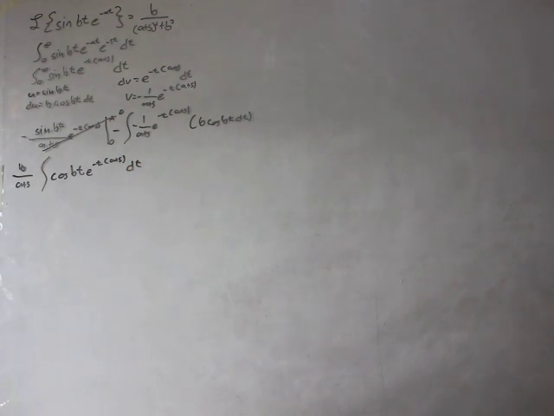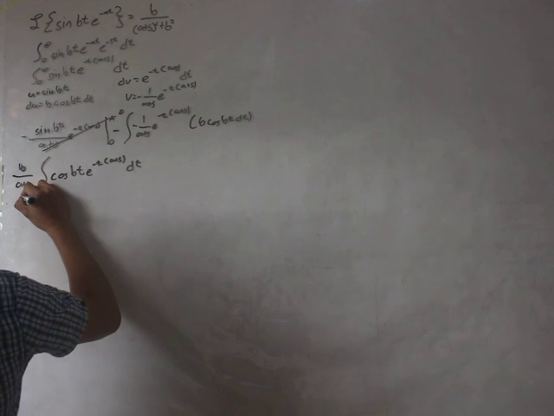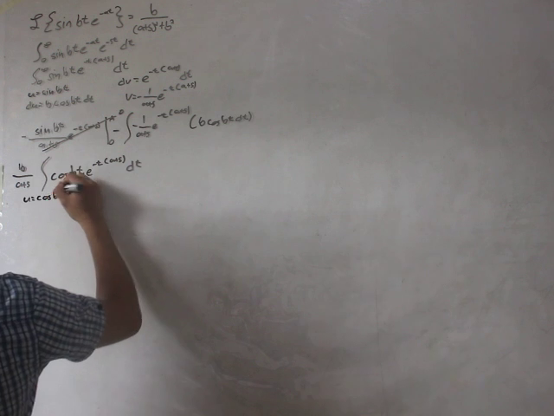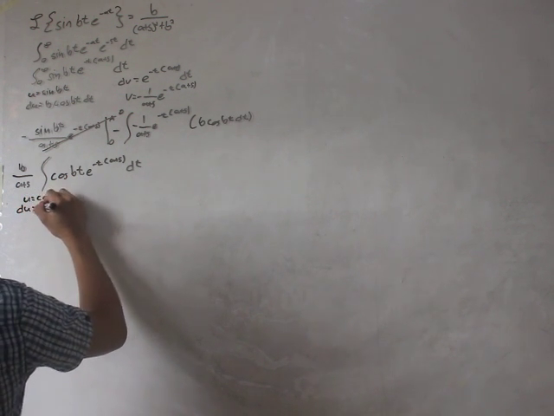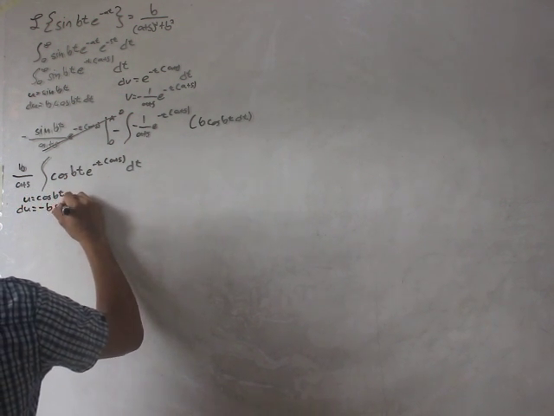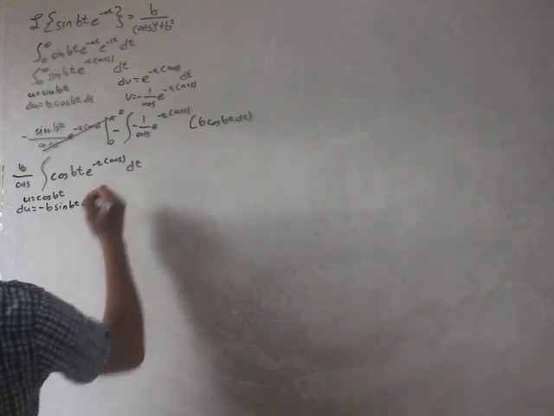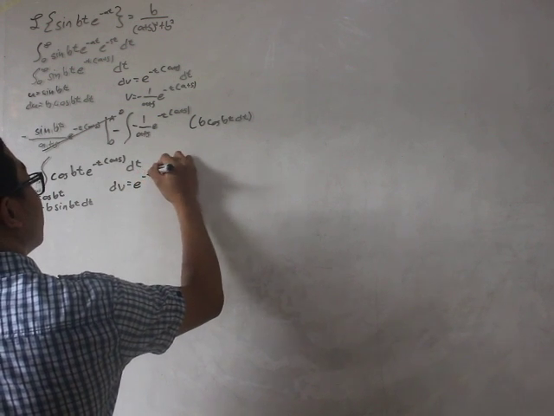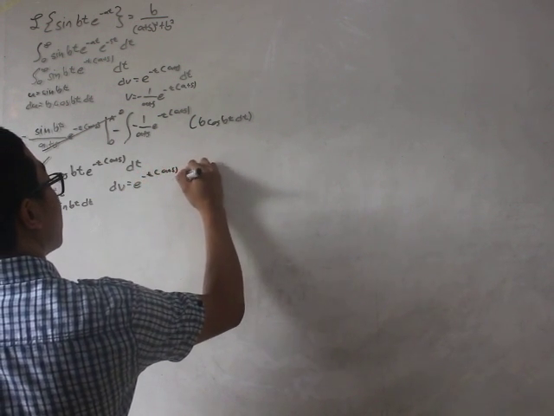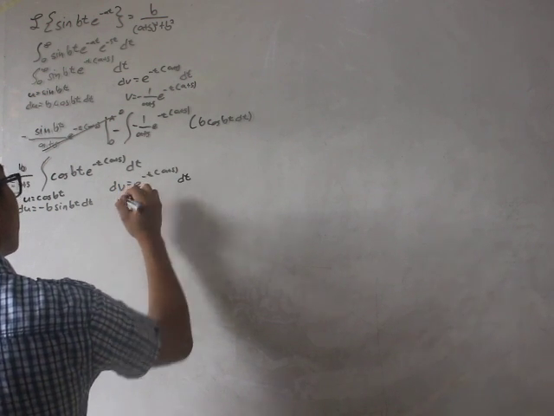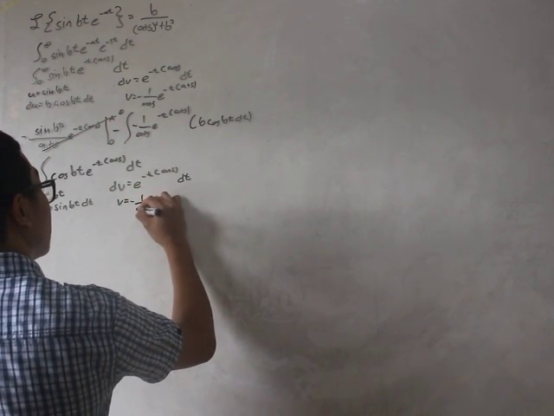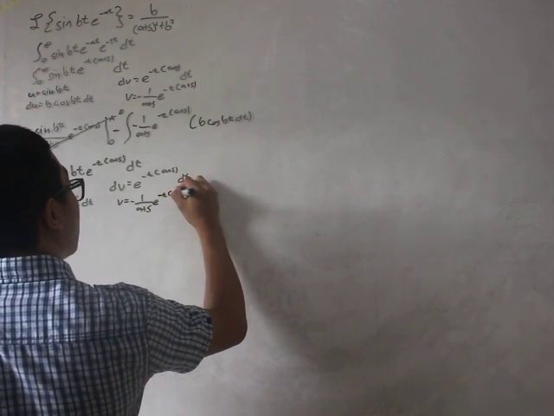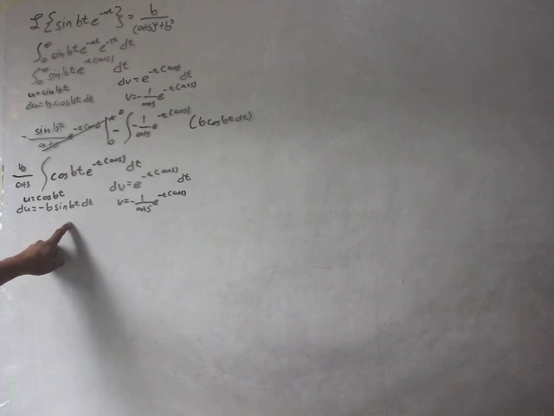And again, we use integration by parts. So our u is cosine bt and our du is negative b sin bt dt. Our dv is e raised to negative t(a plus s) dt, and our v as usual is negative 1 over (a plus s) times e raised to negative t(a plus s), and then we substitute again.